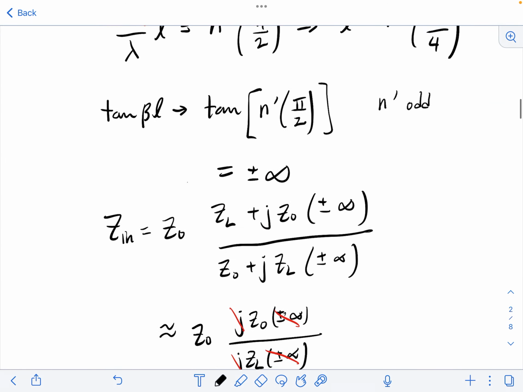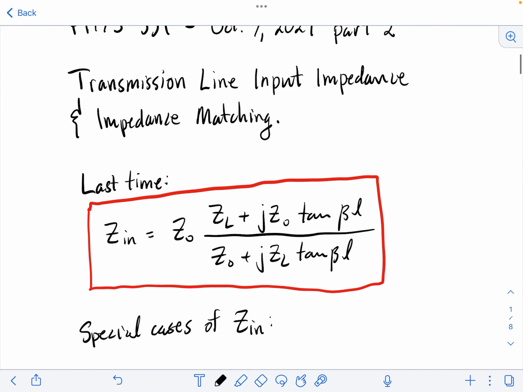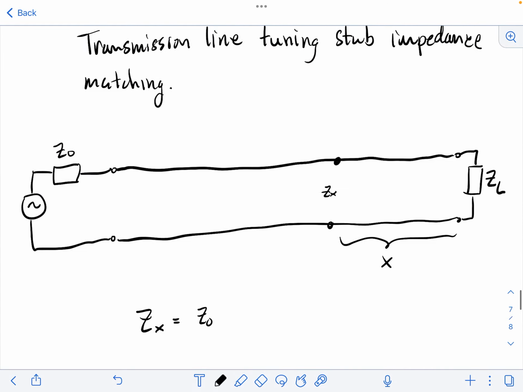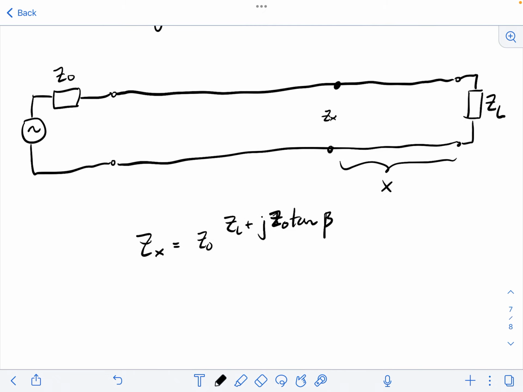And so it's going to be ZL plus jZ0 tan beta L. And so instead of the full length of the transmission line, now we're just thinking of a section of length L. And then it's going to be Z0 plus jZL tan beta X, where we're assuming that the characteristic impedance of the line is the Z0, the same as the output impedance of the function generator. And so that's still not going to be matched to Z0.